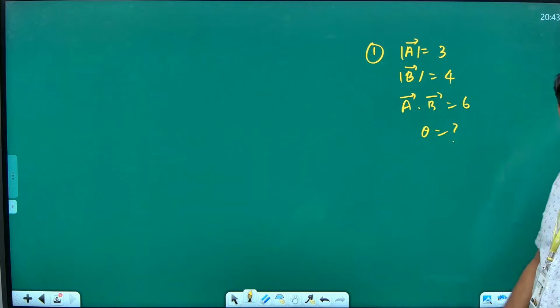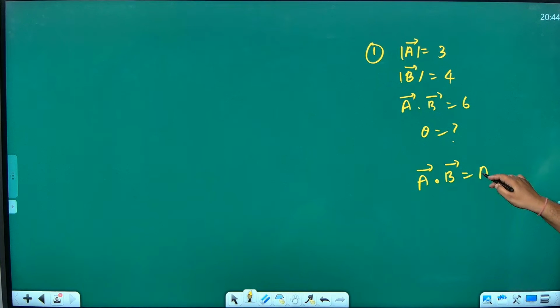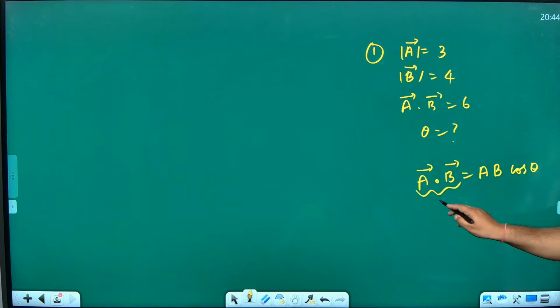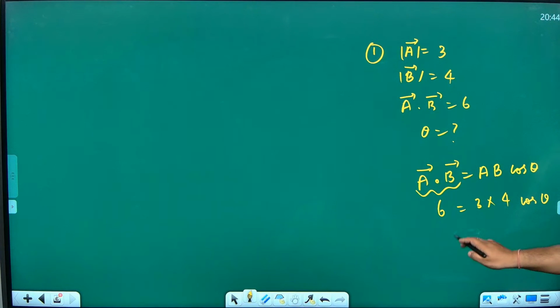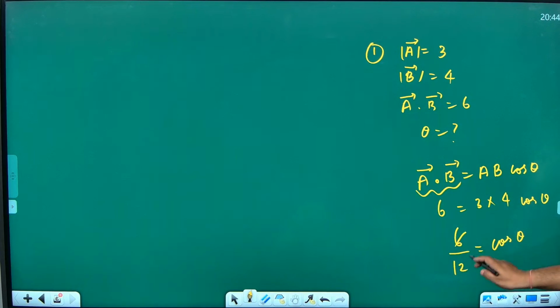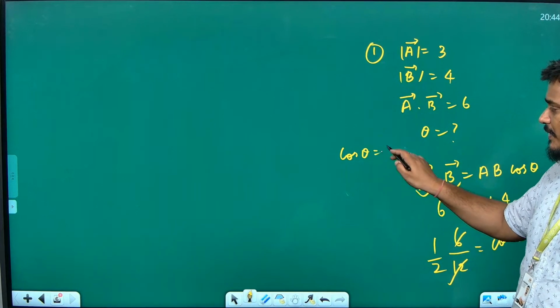A vector dot B vector is equal to magnitude of A into magnitude of B into cos theta. A dot B is given as 6, A is 3, B is 4, into cos theta. So 6 by 12, cos theta is 1 by 2. So if cos theta is 1 by 2, what will be theta?